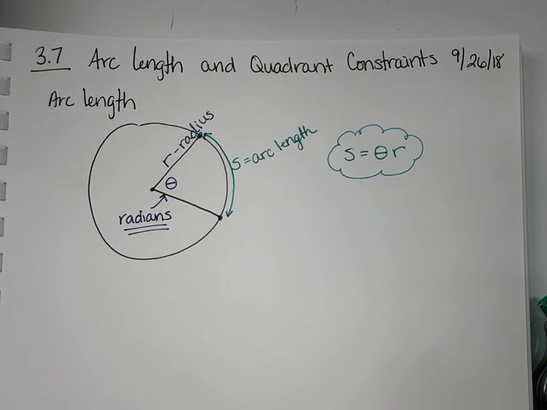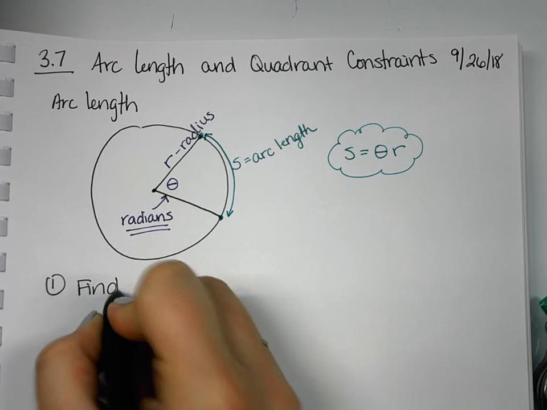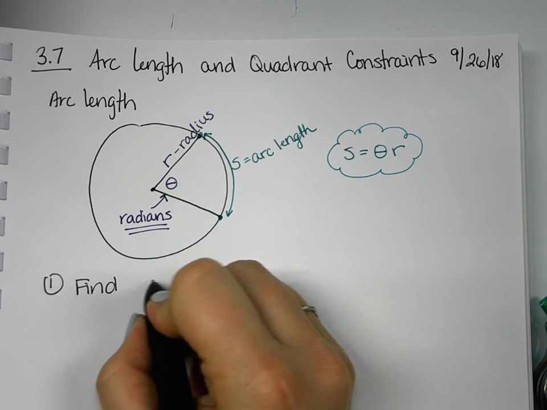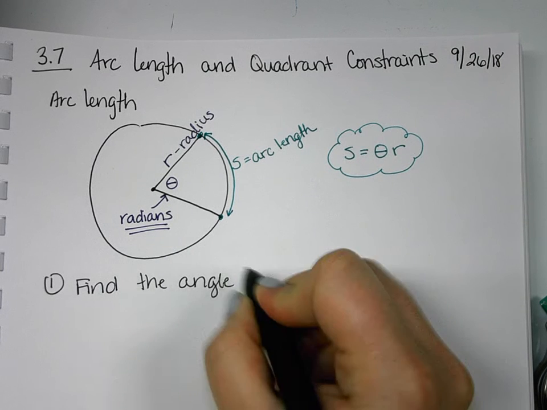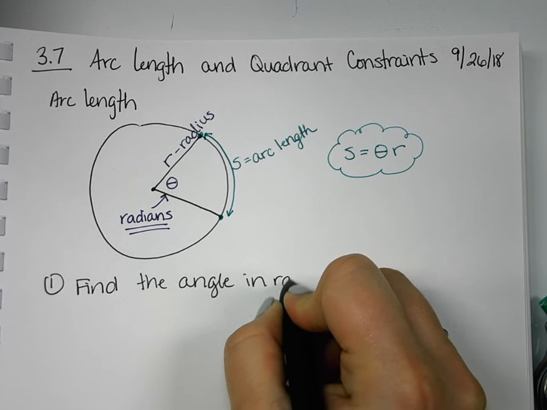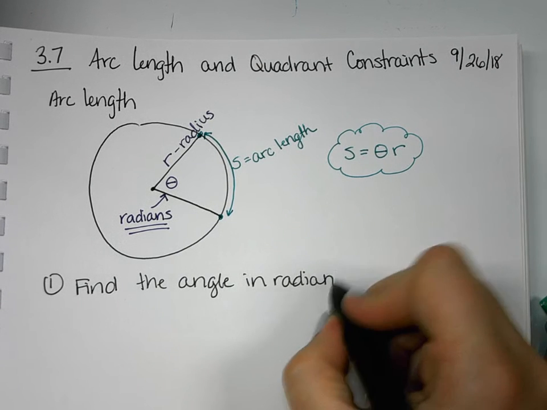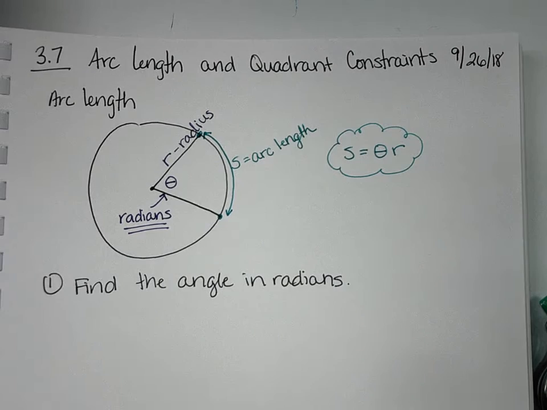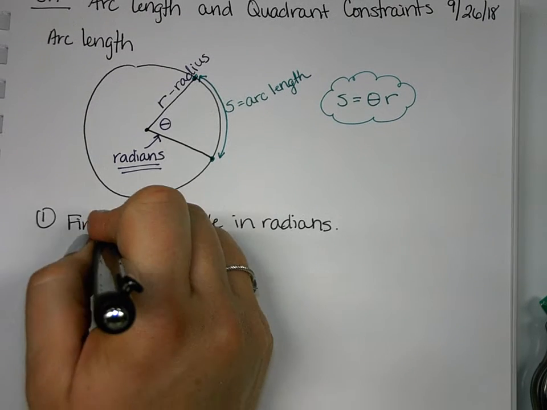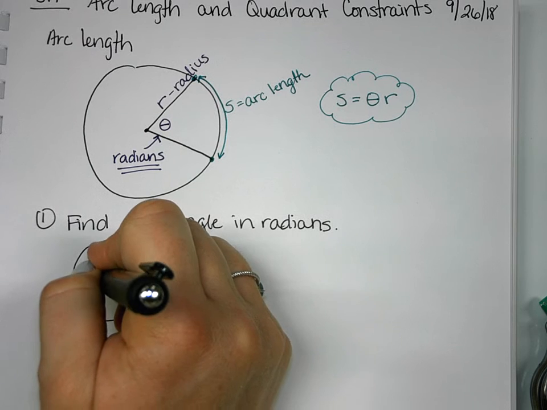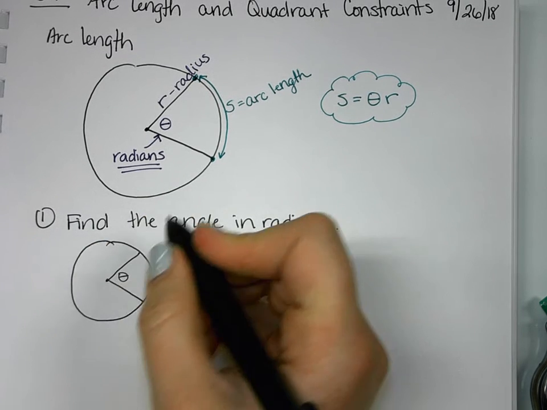So how we actually use this is you're going to be asked to find the angle in radians, or you're going to be asked to find an arc length, or you're going to be asked to find a radius. So we can use this formula to solve for various things within a circle. So here we're given a circle, our theta.